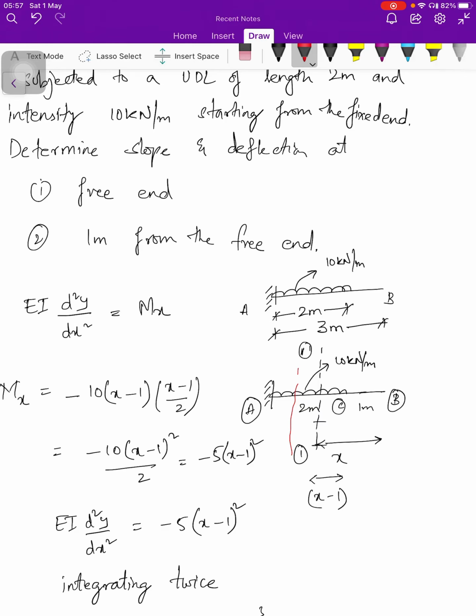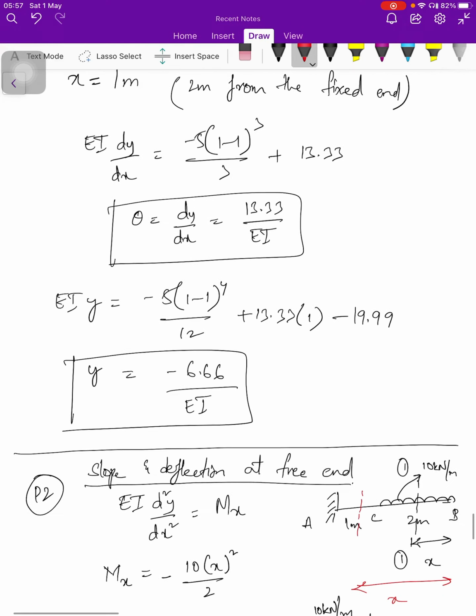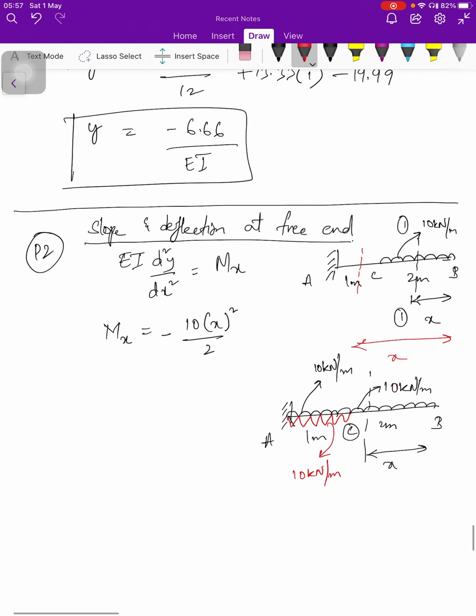So conditions will change in the second case. The UDL is shorter than the span and it is ending before the fixed support. So first we'll add a UDL in the remaining span of the same intensity, and we'll subtract a UDL of the same intensity. Now I'll write the equation for moment.